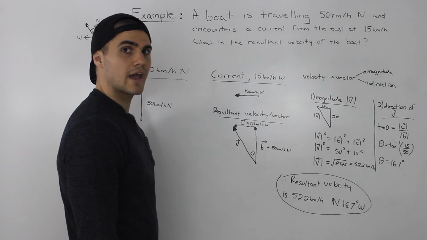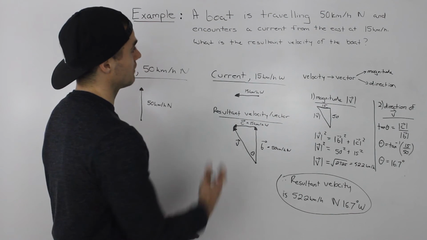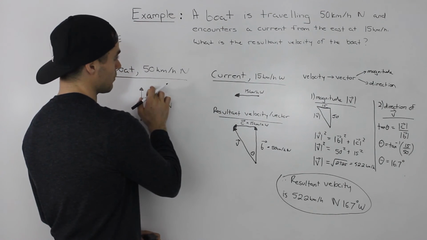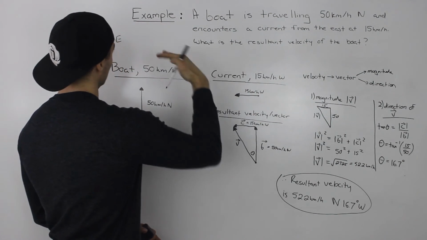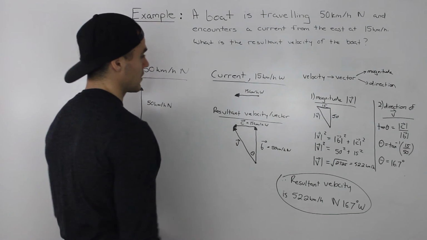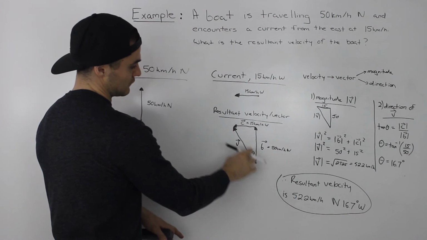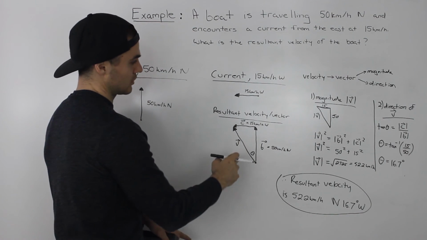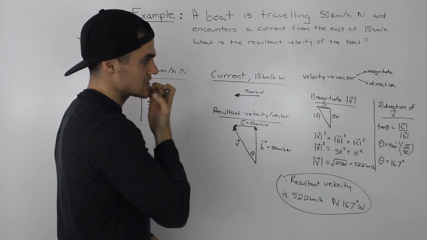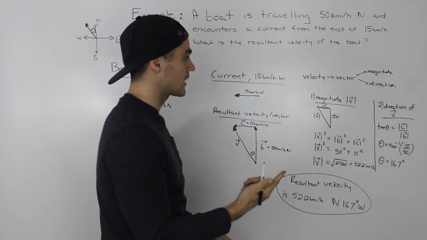So let's do a recap of what we did. We had to find the resultant velocity of a boat traveling 50 kilometers per hour north that encounters a current from the east, so the current is going west at 15 kilometers per hour. We took these two vectors, added them up, and found the resultant vector, or resultant velocity. Because we have to find a velocity, we need a magnitude and a direction.